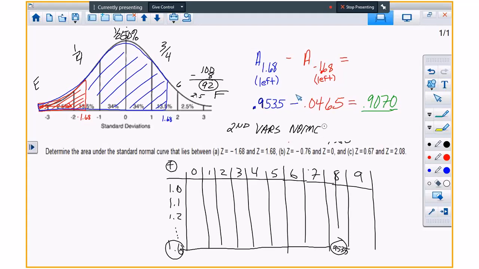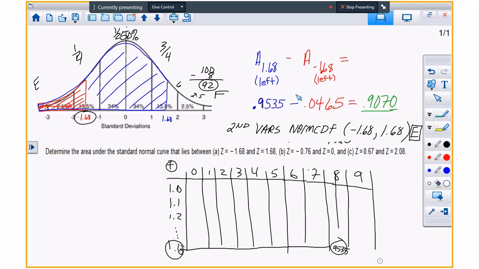Normal CDF. And then what's your left-hand side? Negative, and use the negative button down at the bottom. Negative 1.68, comma, and then your right-hand side is 1.68. And hit enter, and somebody tell me what you get. Should be the same thing, if not a digit off.